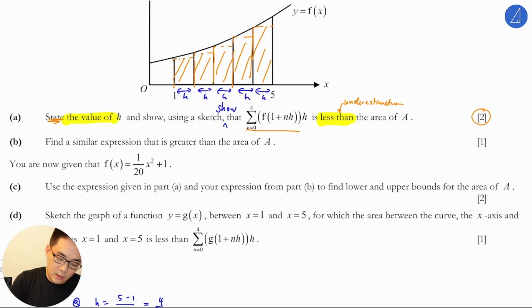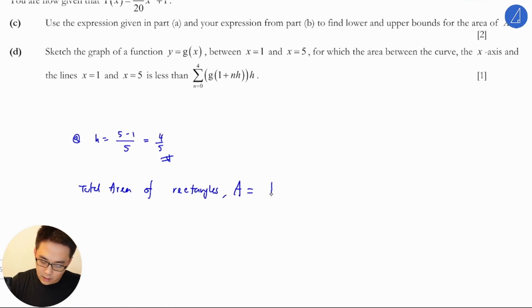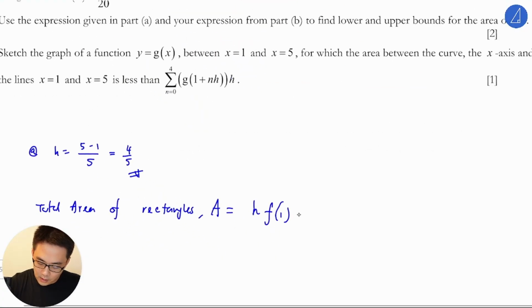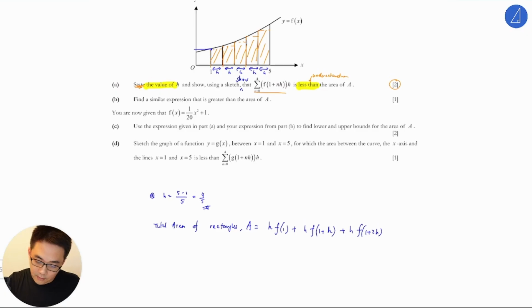So h, and this is f of 1. So h times f(1), plus the other one, h times f(1 plus h), plus h times f(1 plus 2h). How many h are there?